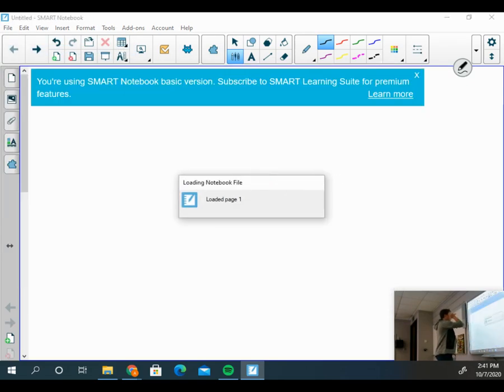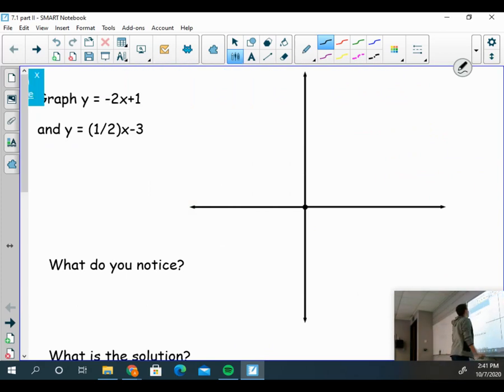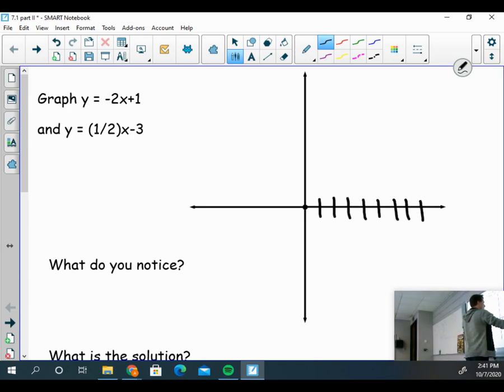Last example. We're going to graph these. Again, go ahead and try it on your own.